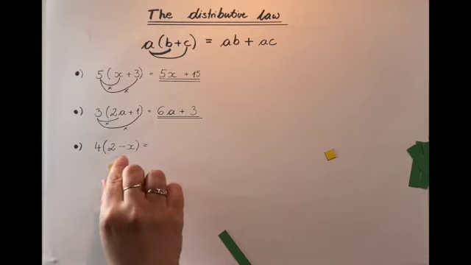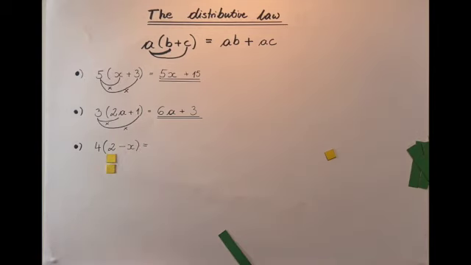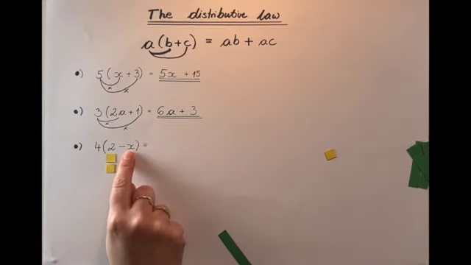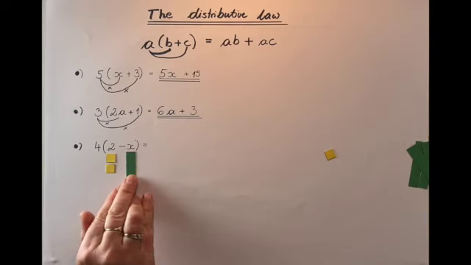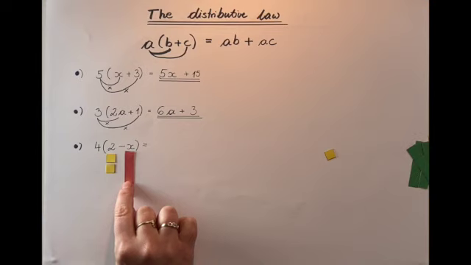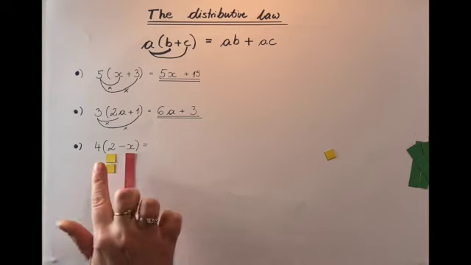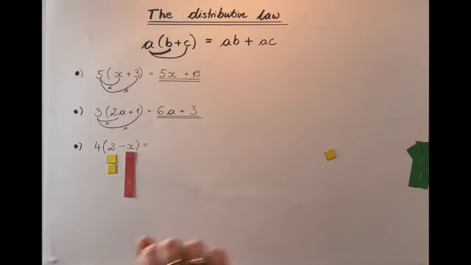So we have here 1, 2 units, and then we have here an x. But in front of our x, we have a negative sign. So we're not going to put the x face up, but remember, if we turn it around, that is what represents our negative x.